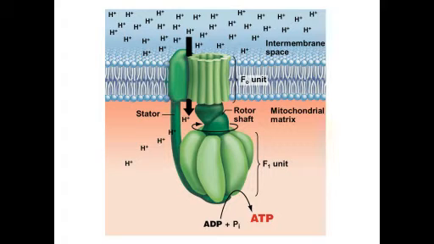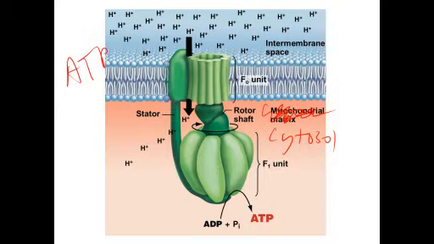Here, this gives you a little better picture of your protons. Again, scratch out mitochondrial matrix. This is your cytosol, because you're dealing with bacteria. These protons are pumped through the ATP synthase enzyme.